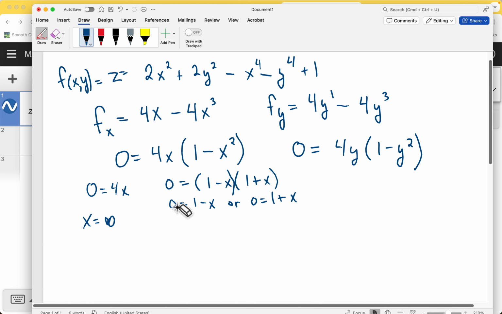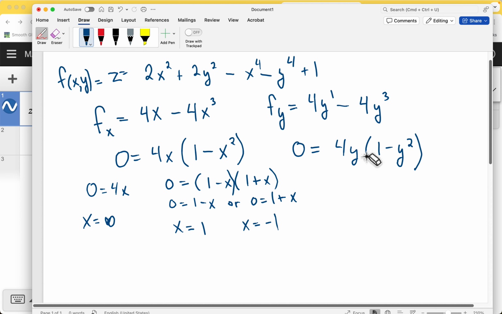This one, add x to both sides, you'll get x equals 1. This one, subtract 1 from both sides, you'll get x equals -1. So we get 3 different values for x that will produce the derivative in the x direction that will make it 0.